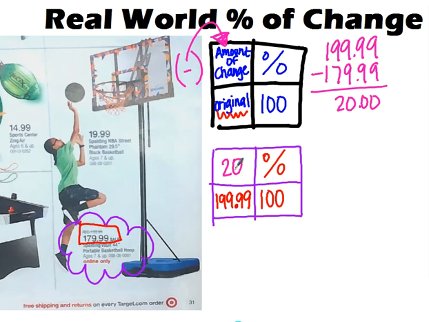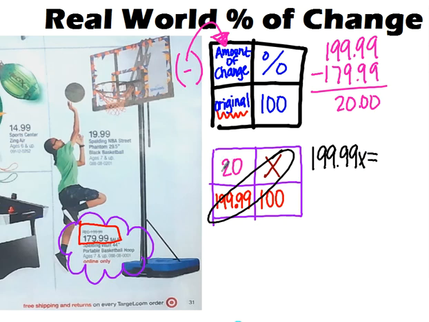Okay, so now I'm going to go ahead and put my variable right here because we are missing the percent. We want to know what is the percent of change, so let's go ahead and solve this proportion. So what it's going to look like is 199.99 equals, and then 100 times 20. It's not going to be super friendly numbers because these are actually real world numbers.